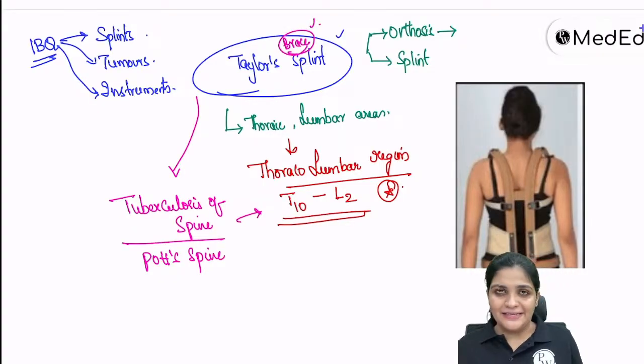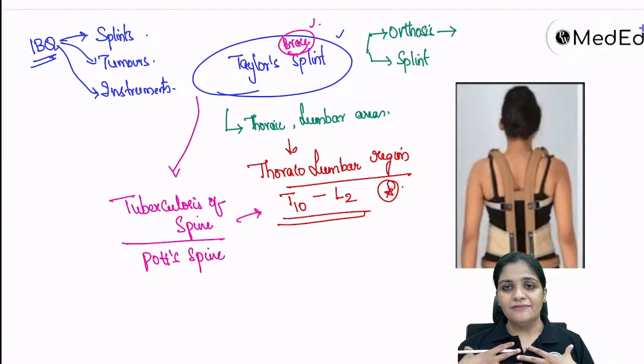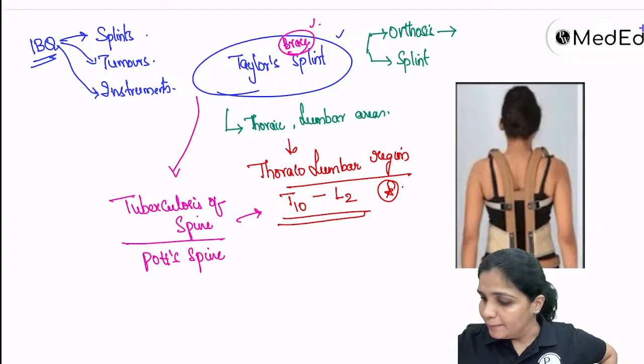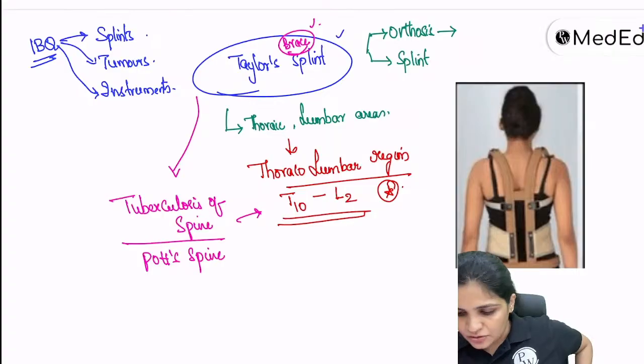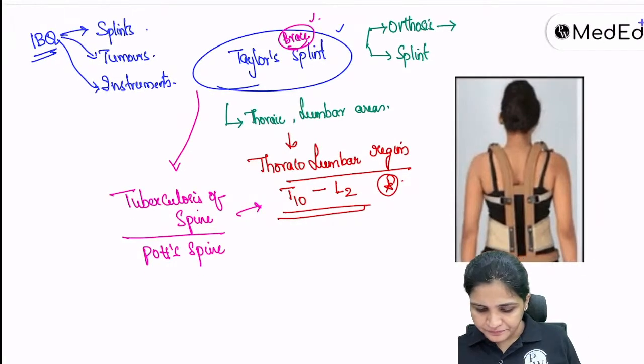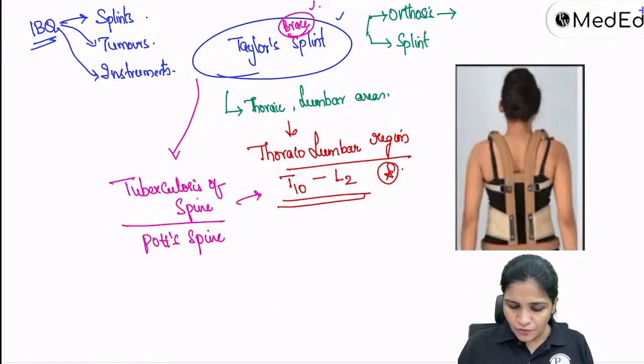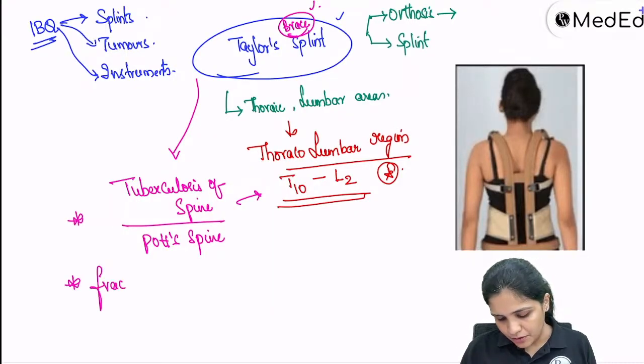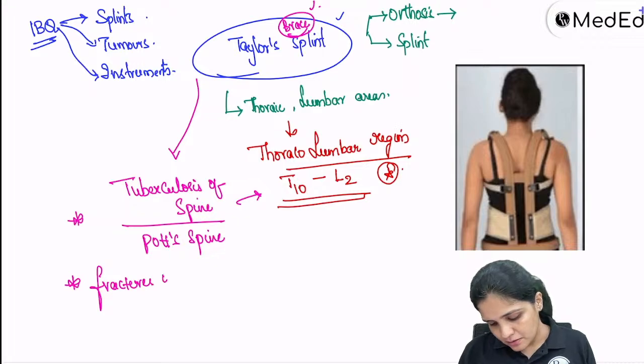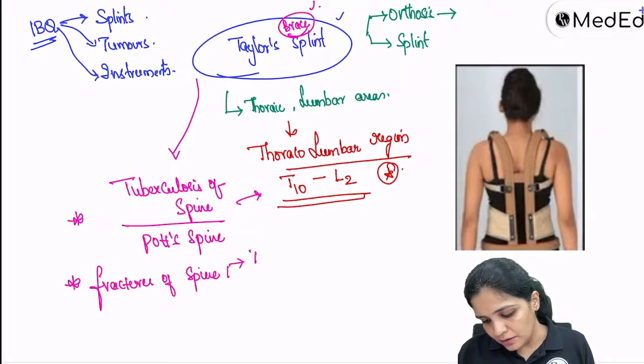So this is the brace. Taylor's brace or Taylor's splint is nothing but a support to the thoracic and lumbar region. Is that clear? This is mainly used for tuberculosis of the spine, and sometimes it can also be used for fractures of the spine, especially at the TL junction, that is thoracolumbar junction fractures.